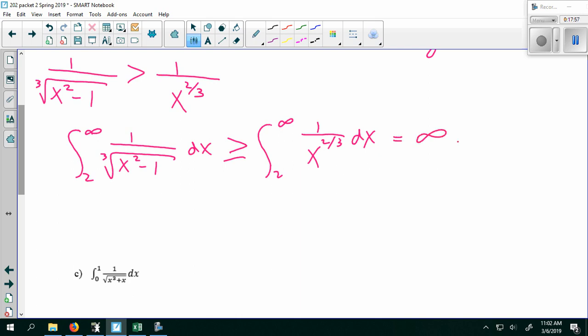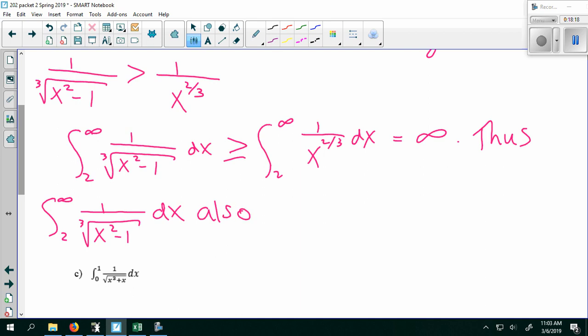So the integral that I'm looking at is larger than an infinite integral, which means it is also infinite. Thus, the integral from 2 to infinity of 1 over the cube root of x squared minus 1 dx also diverges.